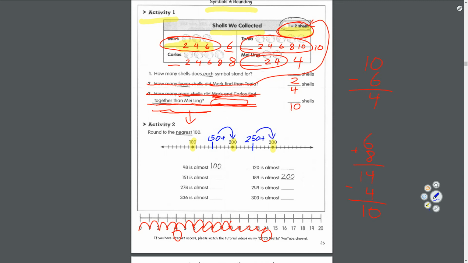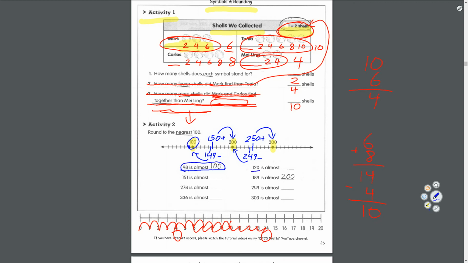But say it was 149 or less, you would go down to here. 249 or less, you go down to 200. Okay, that's the rule for rounding. So let's take a look at these. 98 is almost 100. 98 is right about there, so it's very close to 100.